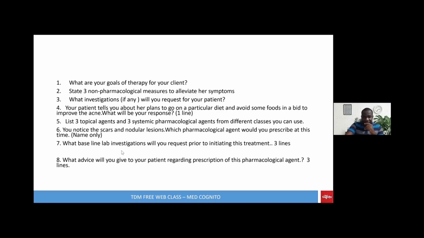All right, so what baseline investigations? Let's see what we have. I see beta HCG, lipid profile, liver enzymes, beta HCG. I see PT, beta HCG, lipids, liver function test, beta HCG.